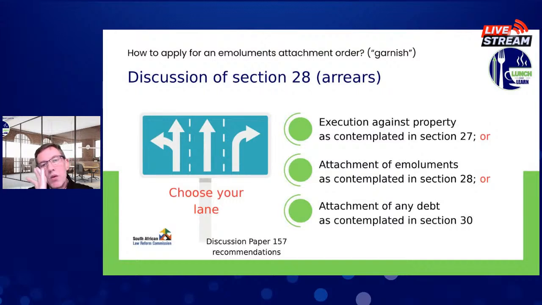What we mean by "choose your lane" is that the Act is very specific that you can only choose one of these avenues. You can either have a warrant of execution or an attachment of debt or a garnishee order, but you cannot have a combination of all three.